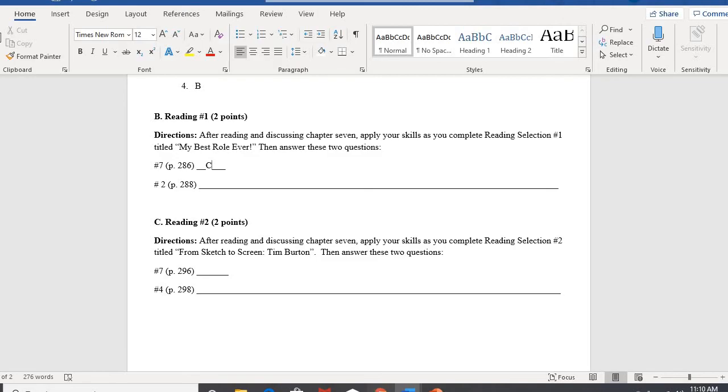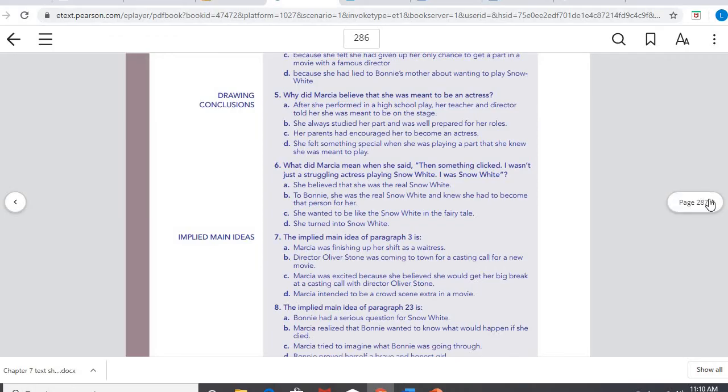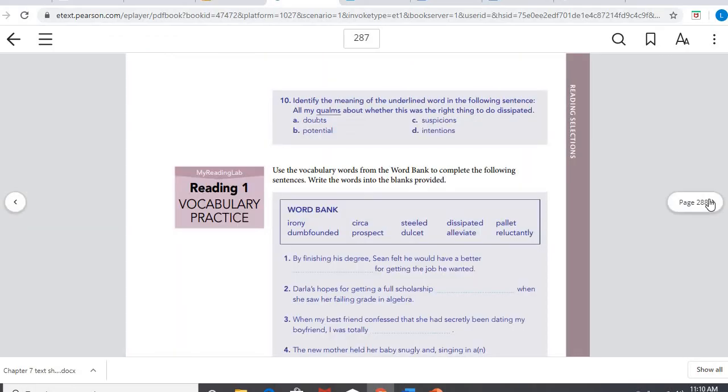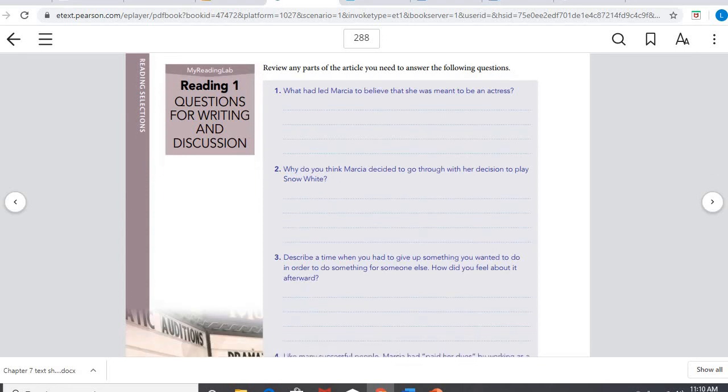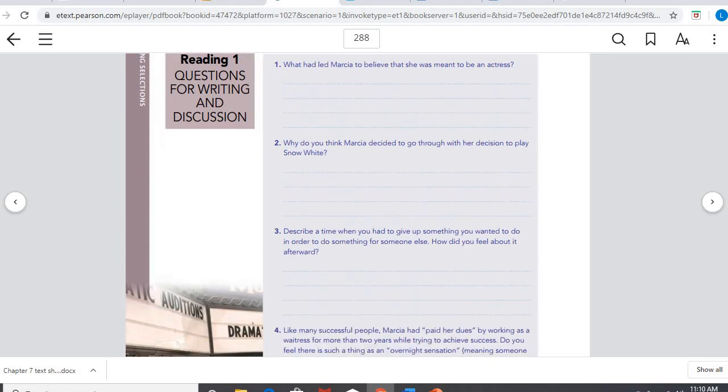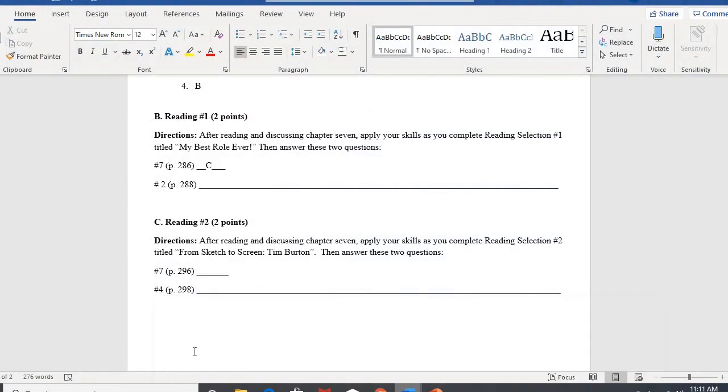All right. Now we're going to skip over a couple pages to the short answer questions. So we kind of already answered question 1, what she felt like she was meant to be there. But on your text sheet, you are paying particular attention to question number 2.